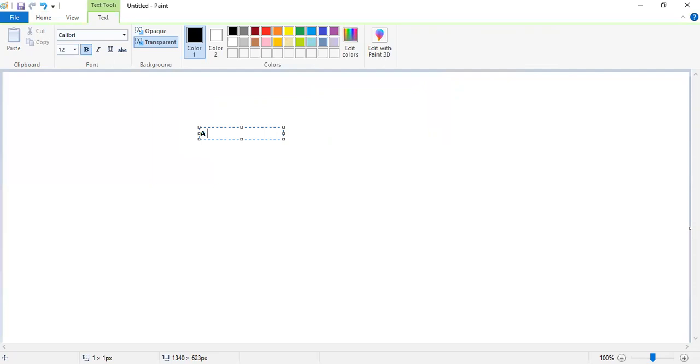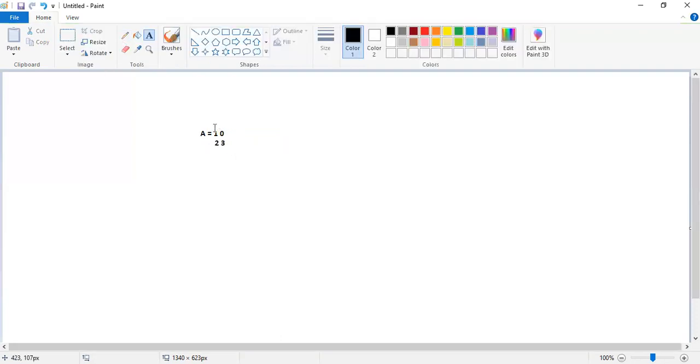So let's say matrix A is equal to this. Sorry for my curly brackets, they look weird, but it's okay.